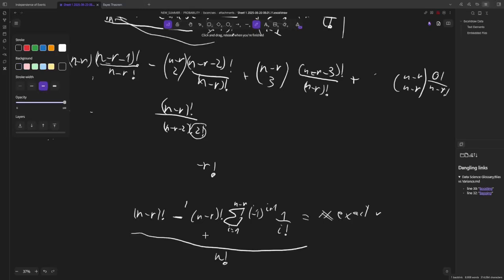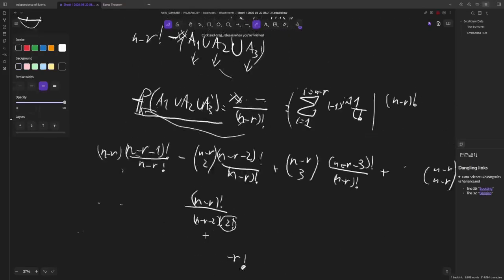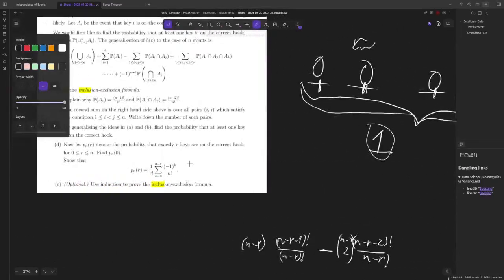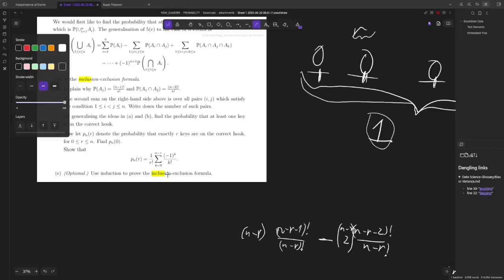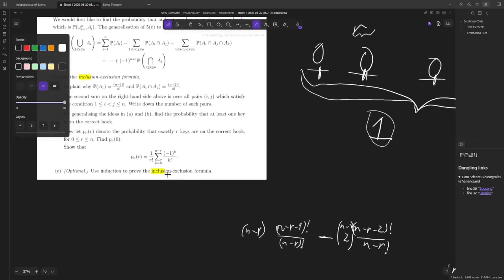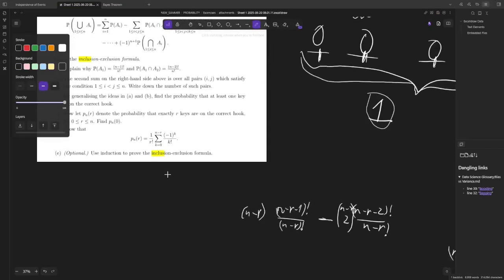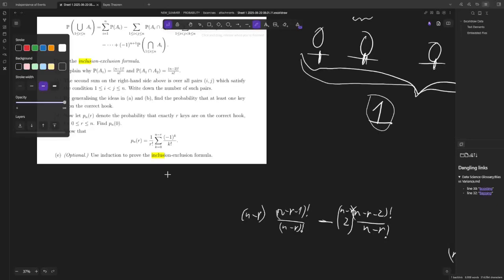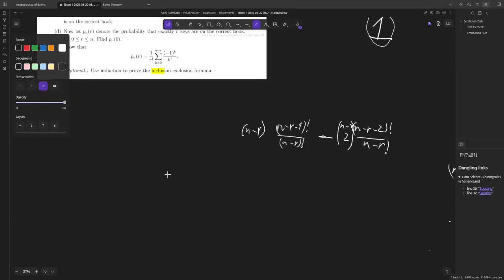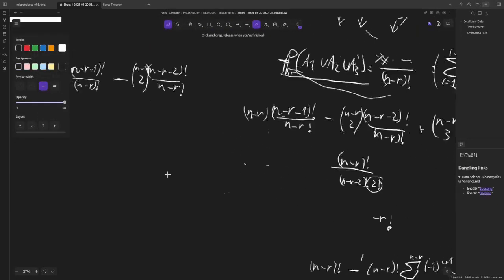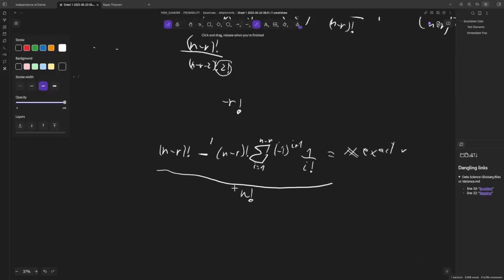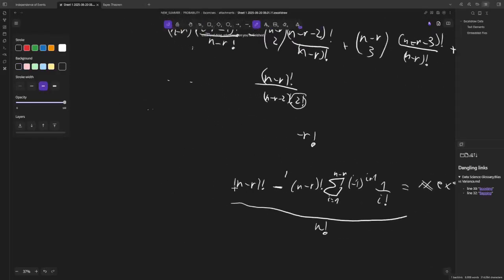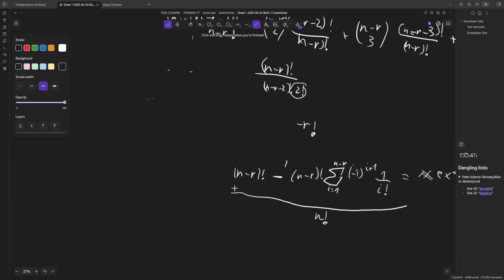we will have exactly this, not quite, not exactly, but I think I know why that is. It looks really similar.